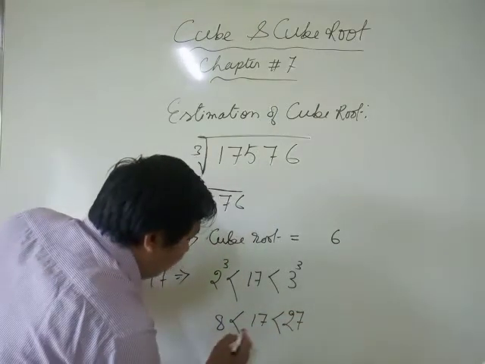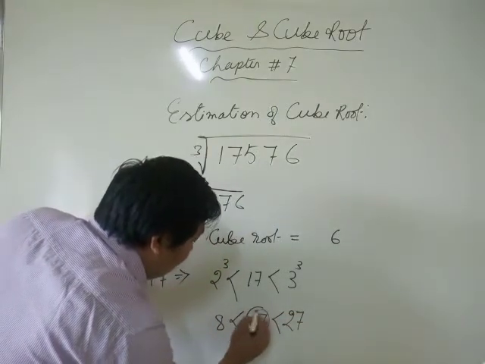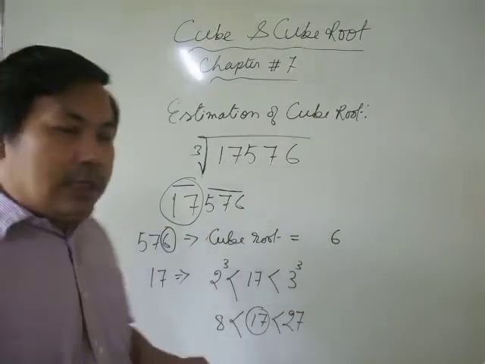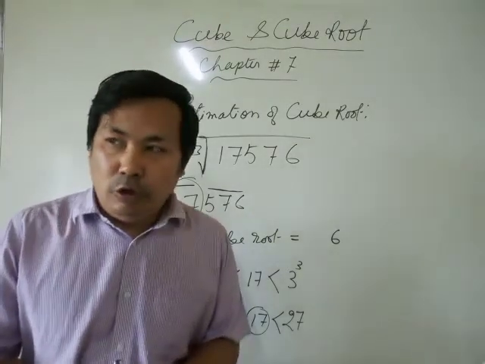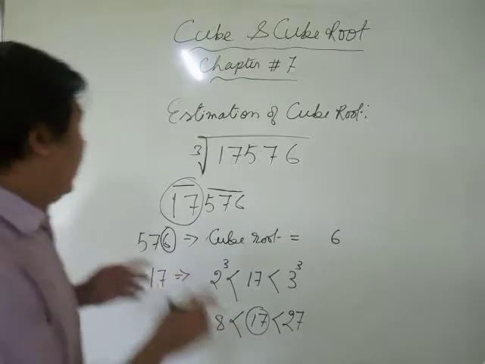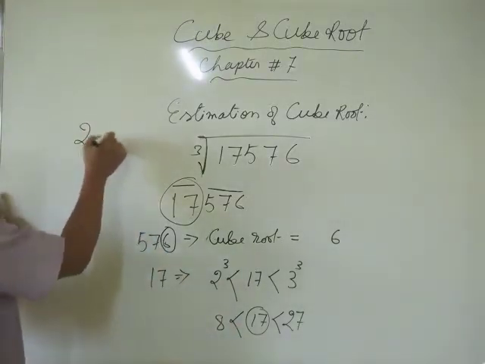Yes. So 17 is between 8 and 27, the cubes of 2 and 3.